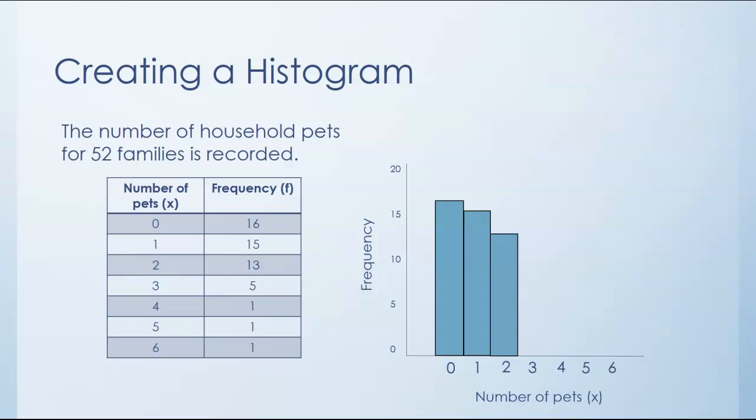Same thing for number of pets being 2, we had 13 families. For 3, we had 5 families. For 4 pets, we had 1 family. For 5 pets, we had 1 family. And for 6 pets, we had 1 family. So this would be what my histogram would look like for the number of household pets for 52 families.